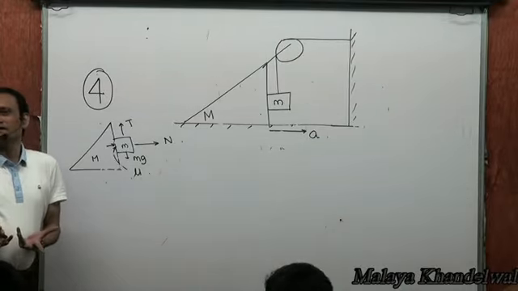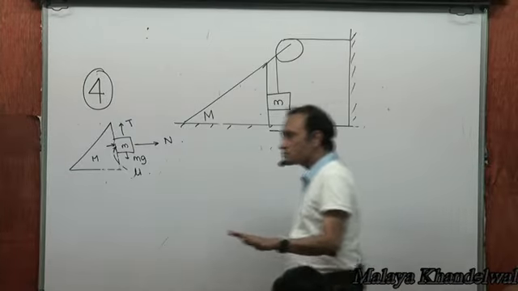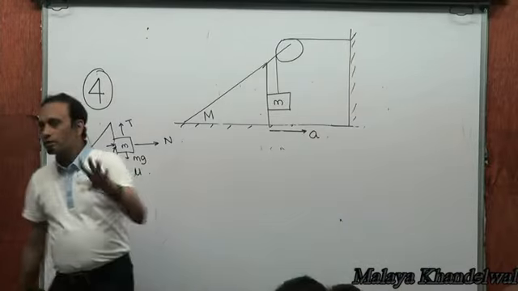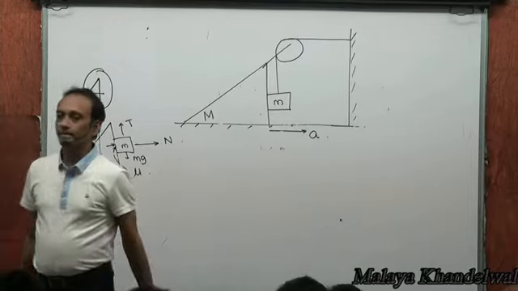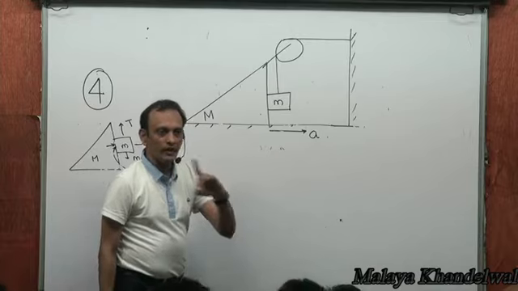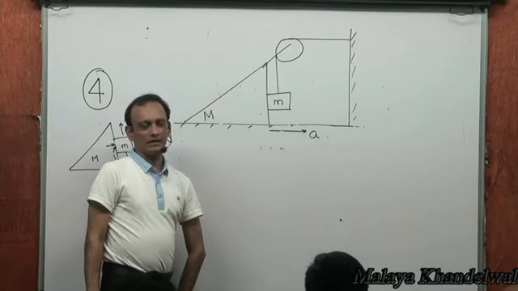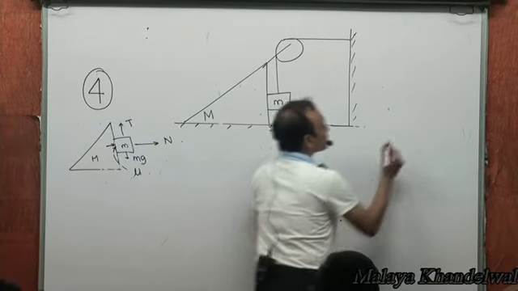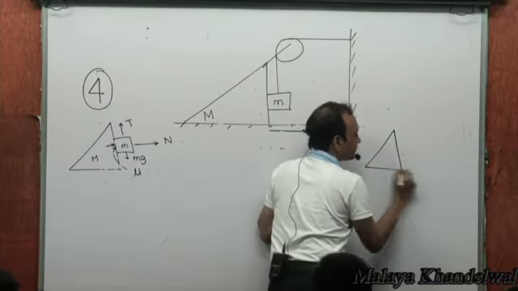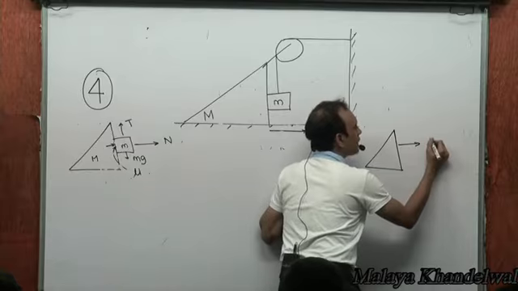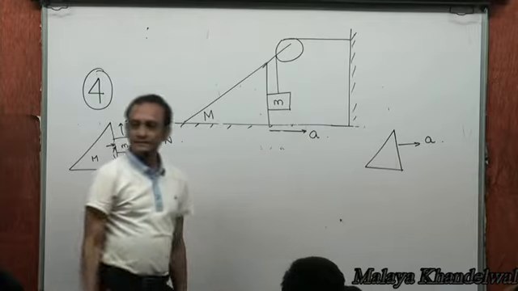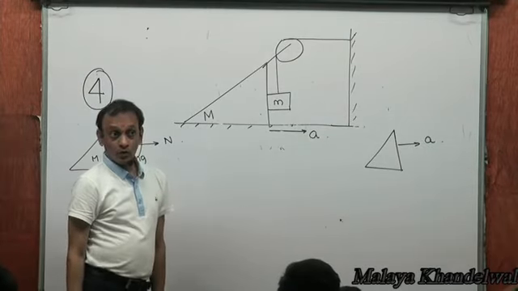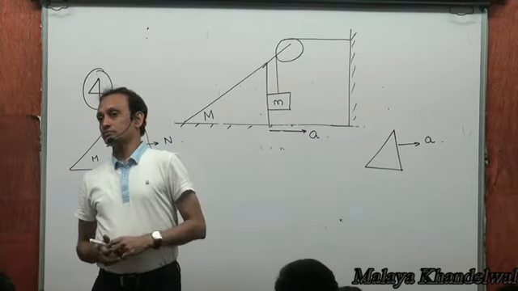All right, look at the following. Answer my questions piecemeal. Capital M has an acceleration a to the right, right? Now, what is the wedge constraint?